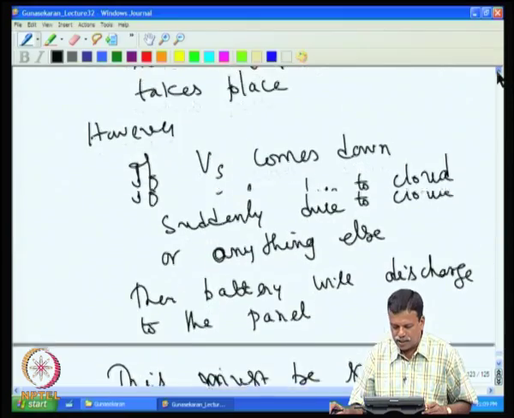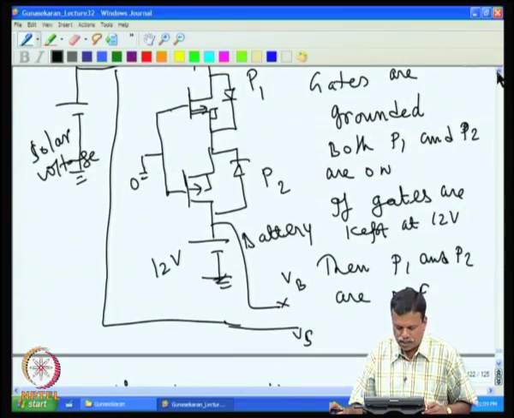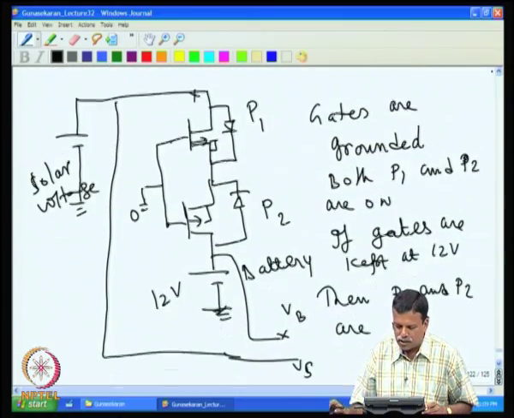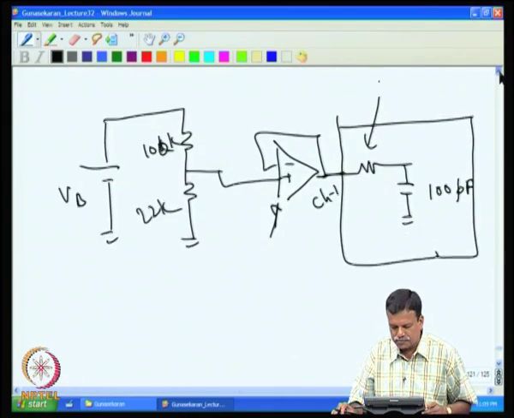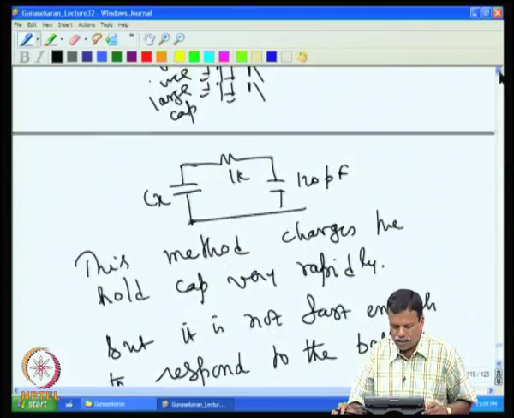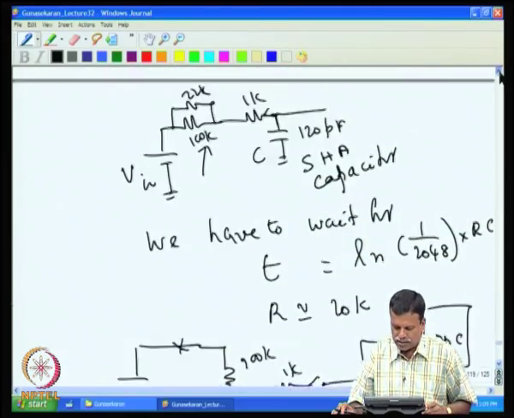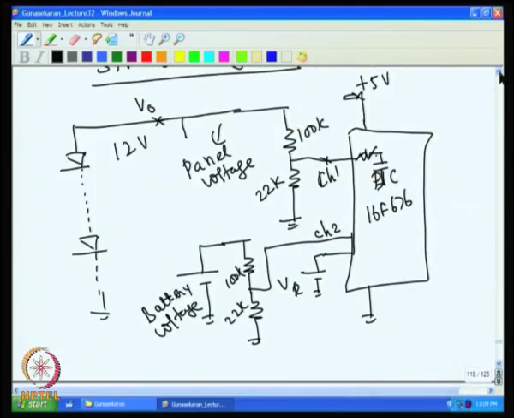But then we have fed the voltage to the microcontroller through a divider arrangement, which is 100K and 22K. So the resolution at the ADC input is 5 millivolt, and we have a factor of 5 here.